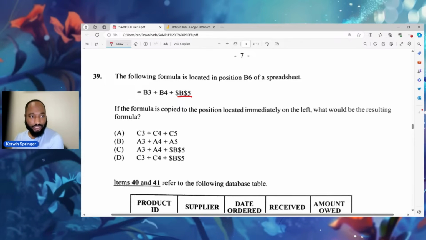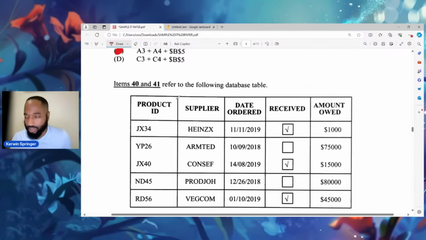So the answer for 39 is, shucks, you're going to the left, you're going backwards. My bad. It will go to A3 plus A4 plus, and this is locked, so it stays there. So it's C. Left will go backwards in the alphabet. Praise the Lord.